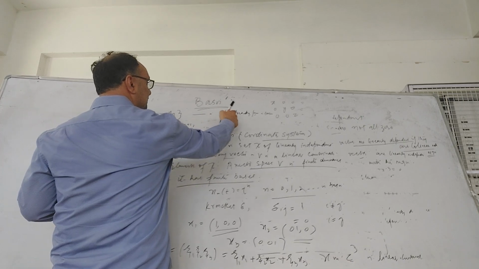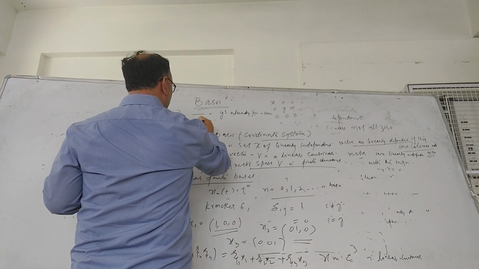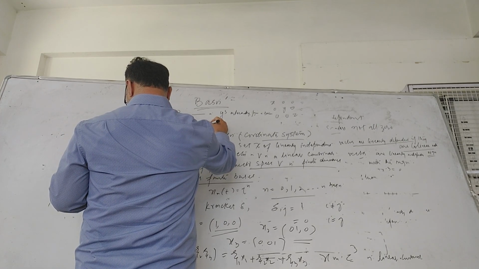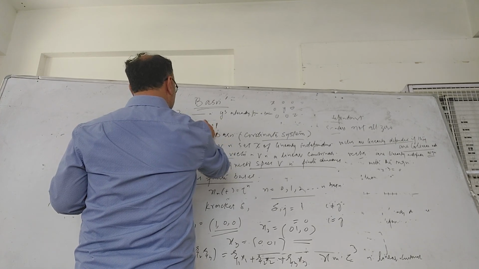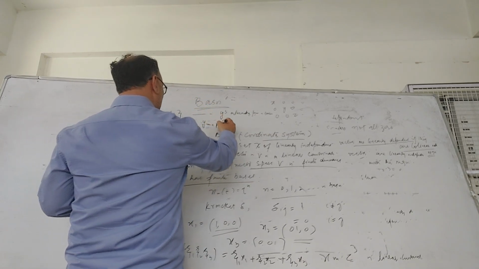What the theorem says is we can find vectors m plus 1, m plus 2, ..., m plus p, so on and so forth, so that the totality of y's is also a basis.